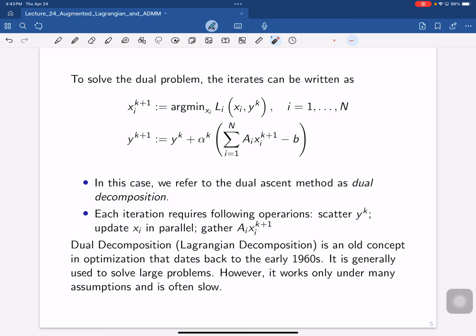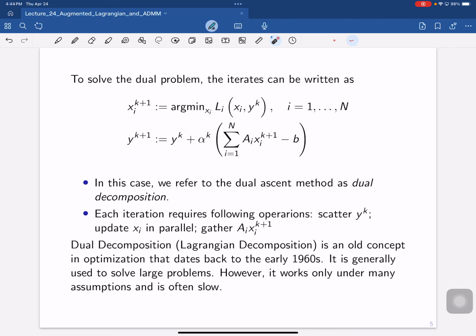And you can have a process that gathers all the x_i's you got from each of the subprocesses, and after you gathered all the x_i's, you can update the dual variable. Okay, and this is a very old concept from the early 1960s, especially for continuous convex problems. But for mixed integer linear problems, it was developed a little bit later than that.